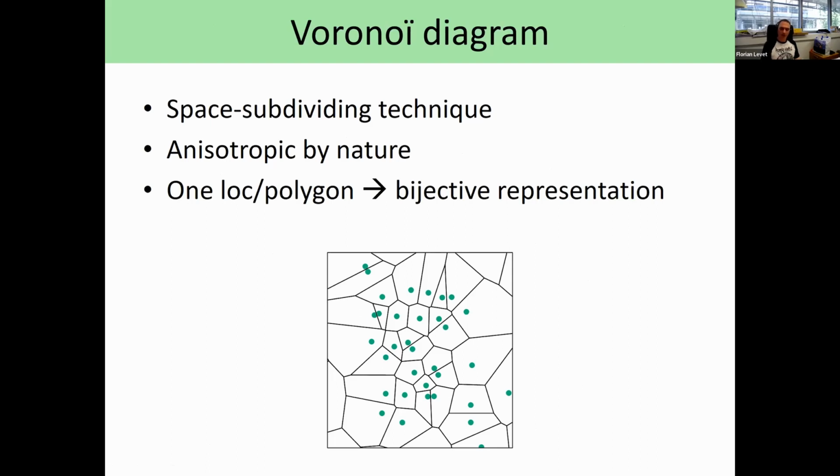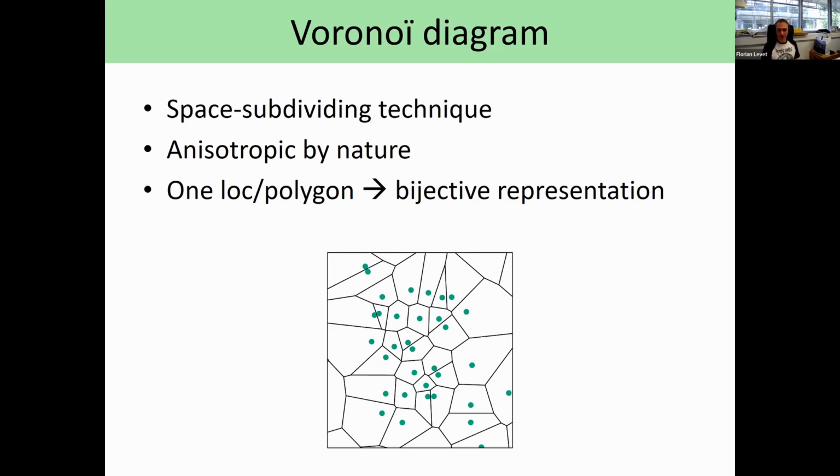As for Delaunay triangulation, the Voronoi diagram is a space subdividing technique. It's anisotropic by nature because you don't have any radius. That's something that I forgot to say about DBSCAN or K-Ripley, but since they use a radius, they are quite isotropic by nature, and it can have an effect on your result in the end.